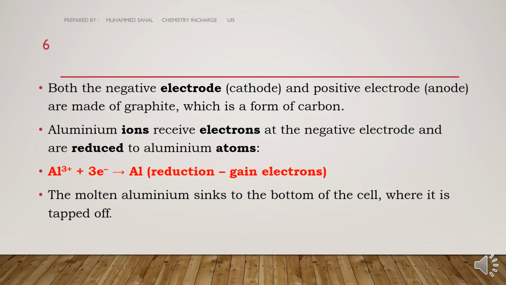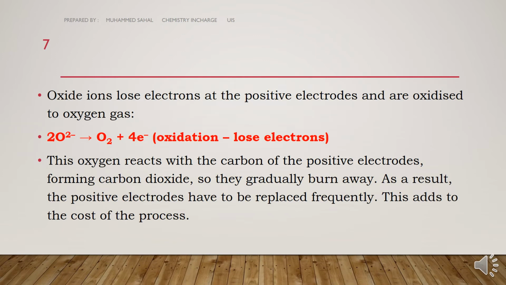But in the case of the anode, the negatively charged oxide ions are attracted to the anode, that is the positive electrode, where they lose electrons, that is oxidation takes place. The molten aluminum collects at the bottom of the cell. There is one issue.